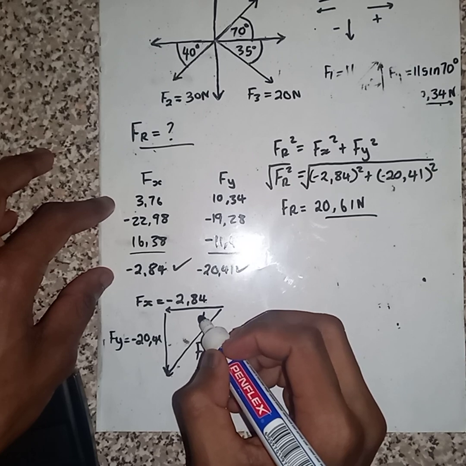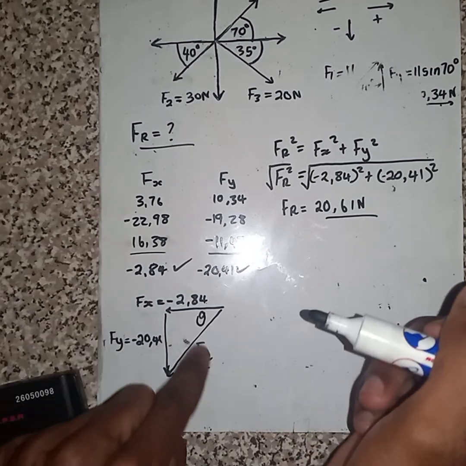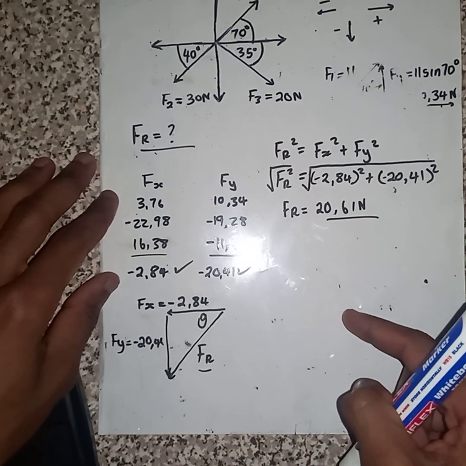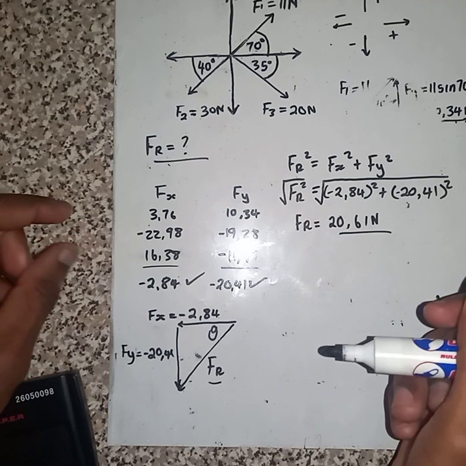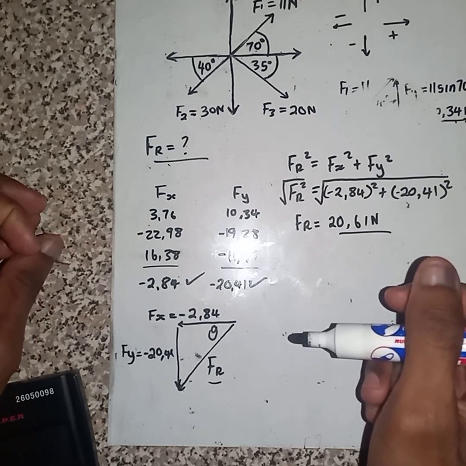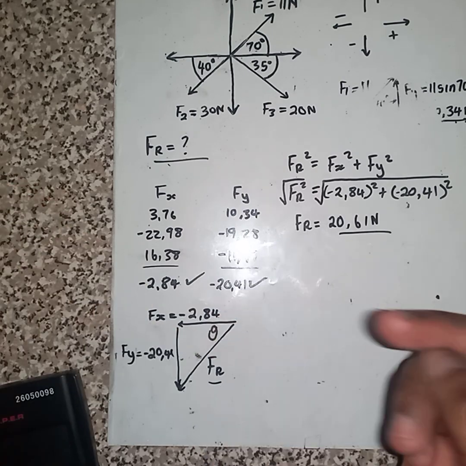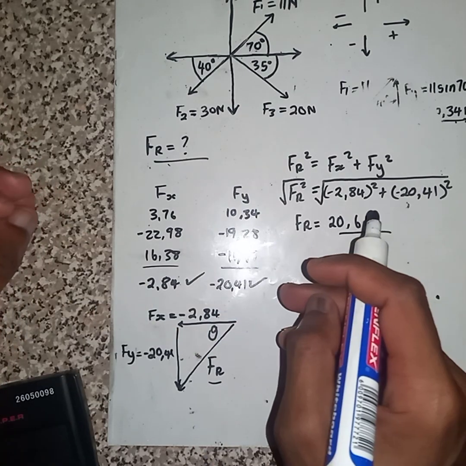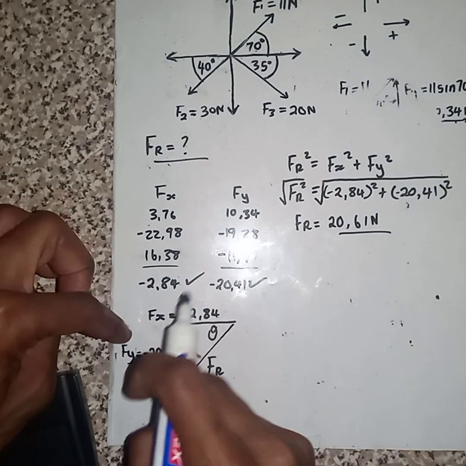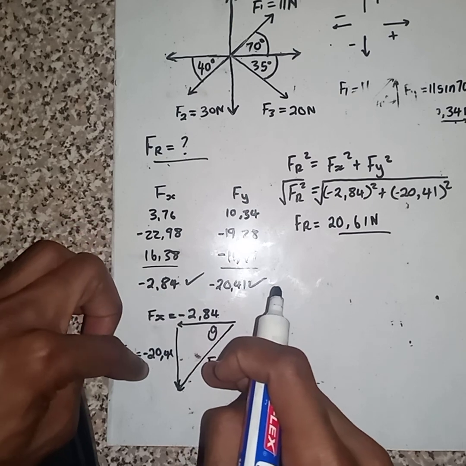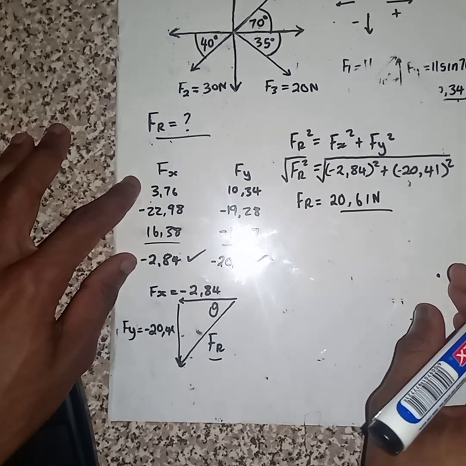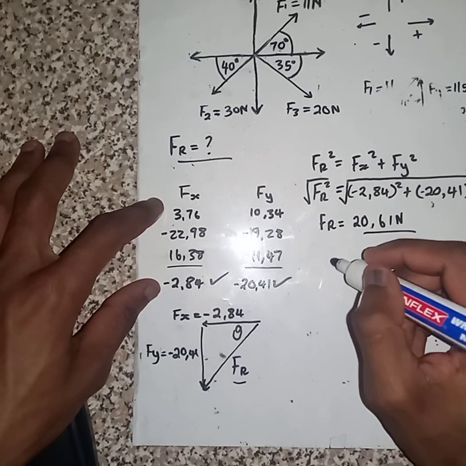Let's say if they wanted us also to calculate the direction, which is angle theta in this case, then which ratio are we going to use in order for us to find this angle? Clearly we are going to use tan. Oh, what I like about this example is they are both negative. This negative will cancel this negative. It's going to be much easier for us to use tan. Then let us use tan.